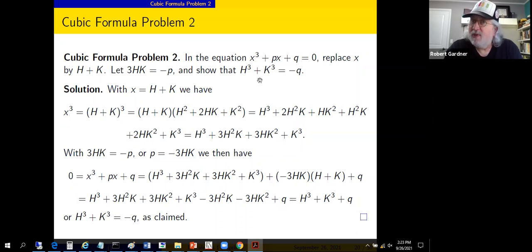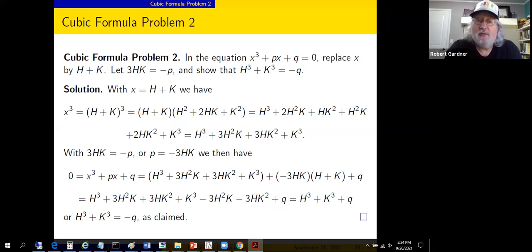We're supposed to get this relationship between the q and the h's in the case. But making the substitutions as suggested, 0 equals x cubed plus px plus q. X cubed, we saw, is this stuff here. So we'll put that in, surrounded by parentheses. There's the x cubed. P was negative 3hk, so here's the p. X itself was h plus k, making that substitution, and we still have the q in there.